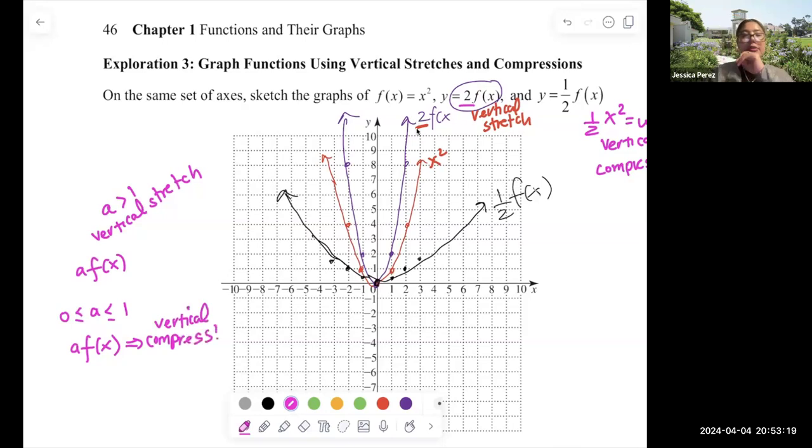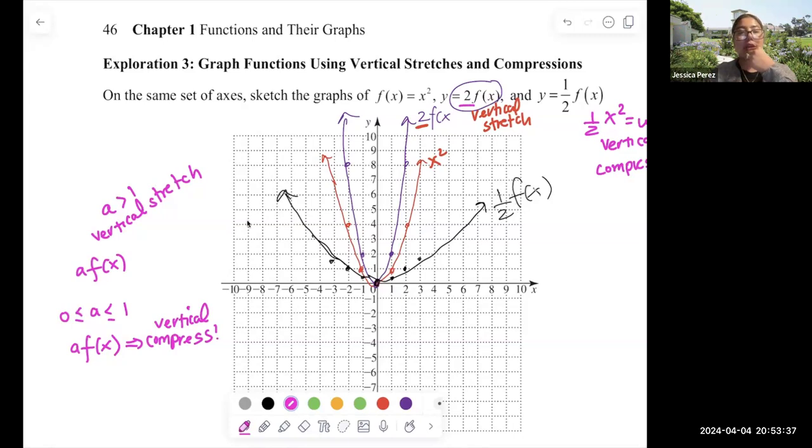There's a vertical stretch where a is greater than 1, like 3, 4, 5, 6, it's going to go faster to infinity. Whereas if you have a fraction, it's going to be closer. It's going to be a vertical compress.